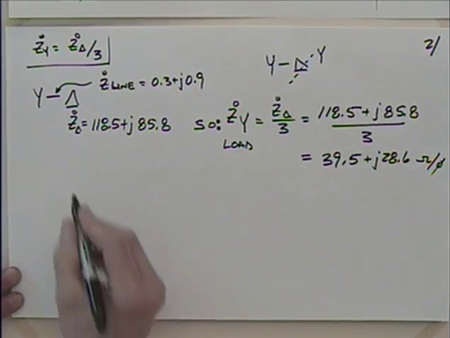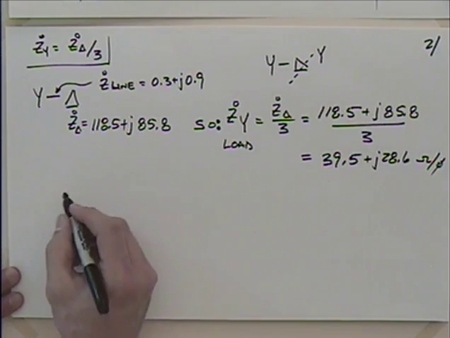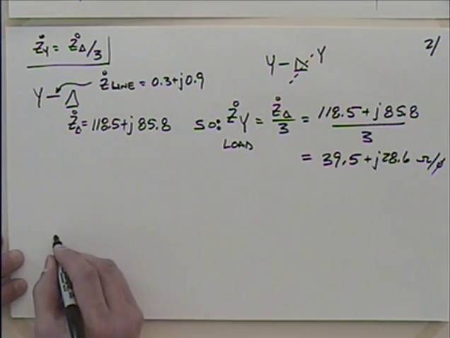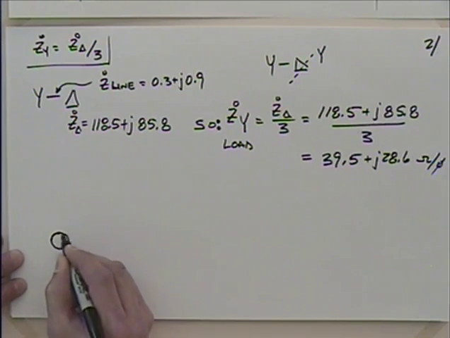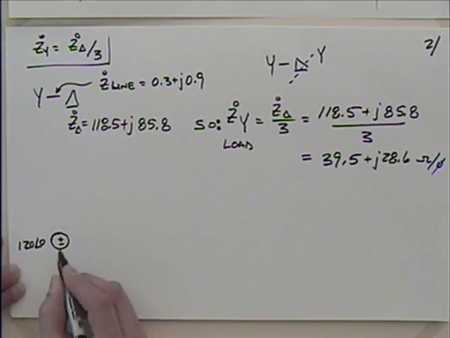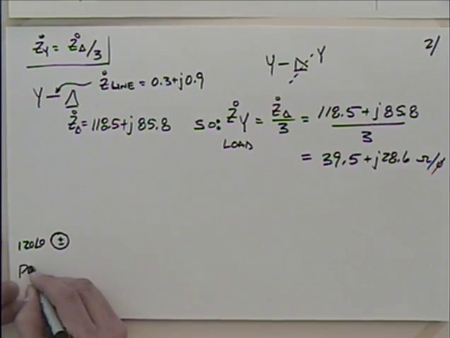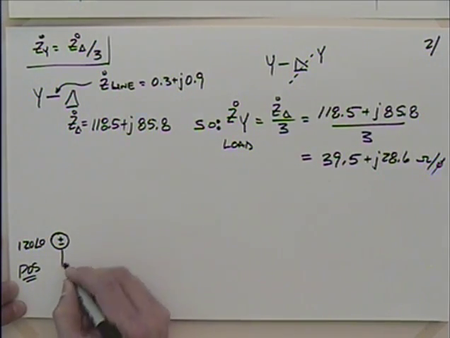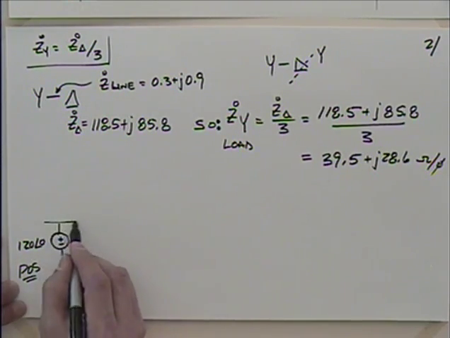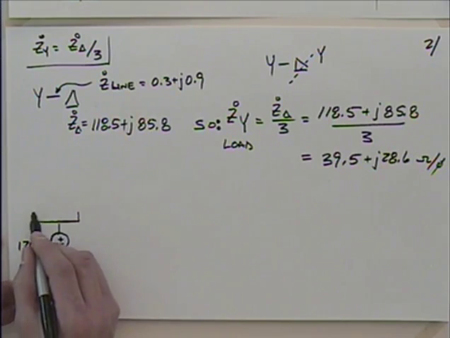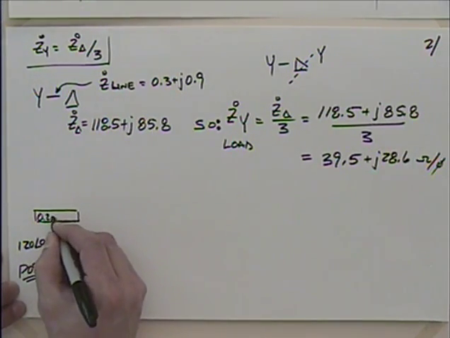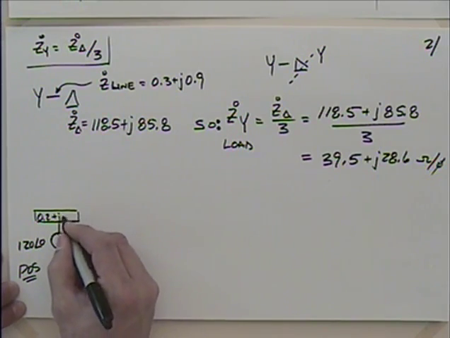So I can make the single-phase equivalent circuit with this. The single-phase equivalent circuit would look very much like the source of the last one that we had. So we'd have a source here with 120 at 0 degrees. It's also positive because that's the same as the last one. Then it has some generator impedance, which is the same because we're using exactly the same source. What was that generator impedance? 0.2 plus j0.5.